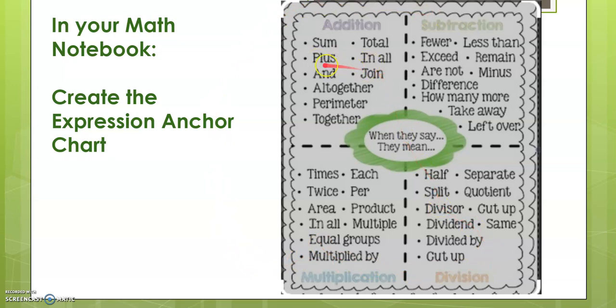And then in each of the boxes, you're going to write what they say in each one, so that when you see these words, you know, oh, I'm looking at a word problem and it says less than. Well, less than, I must be going to divide.